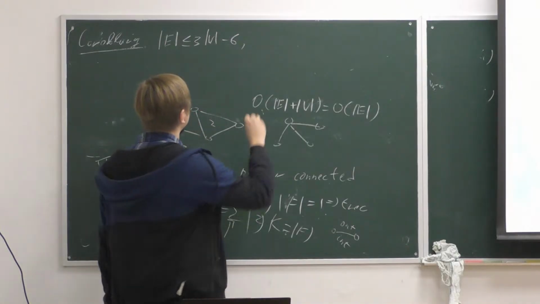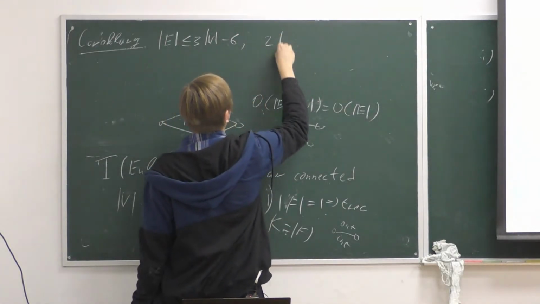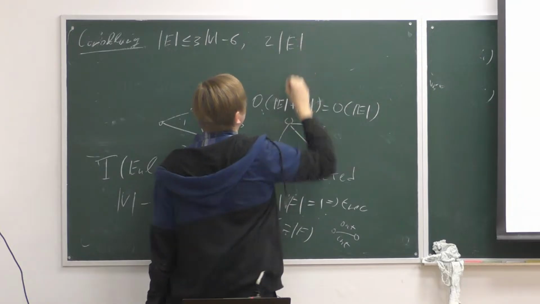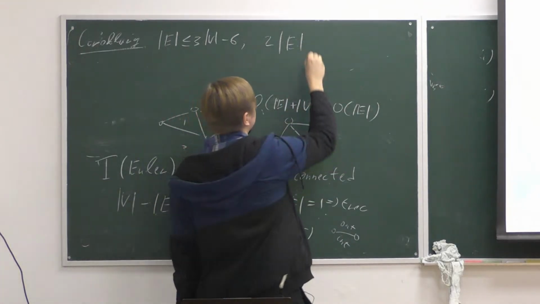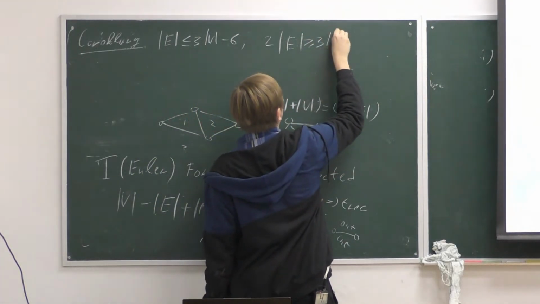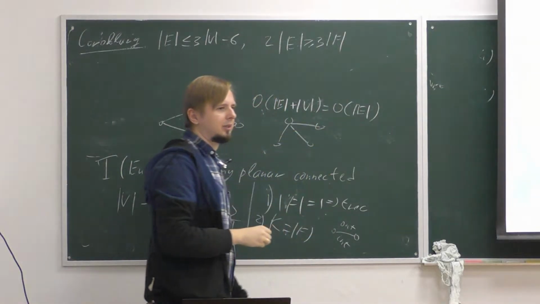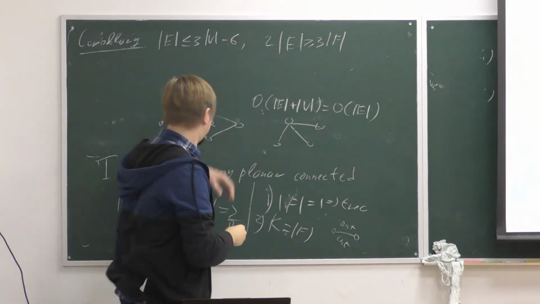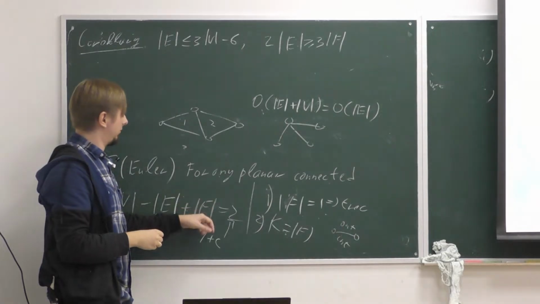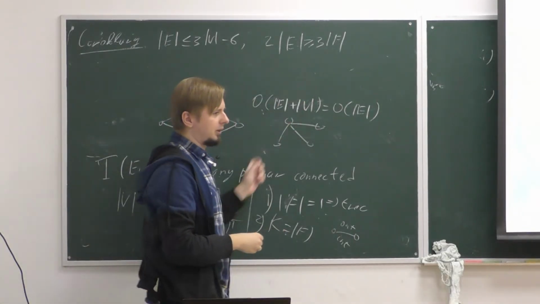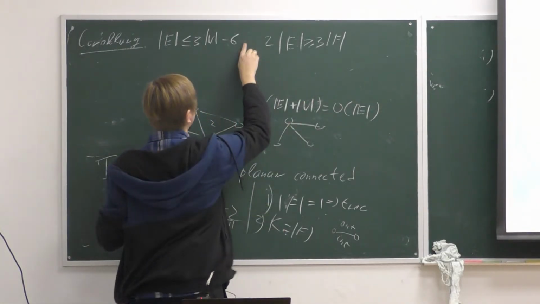So we can show easily that we have 2E more or equal to 3f. Yes? And then just using the Euler theorem, we put f here.